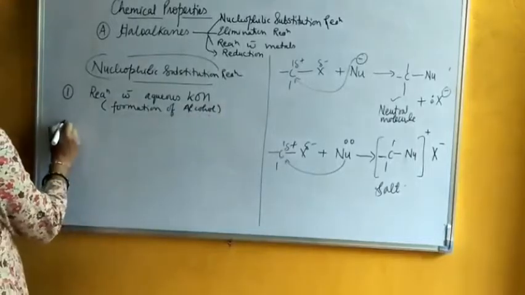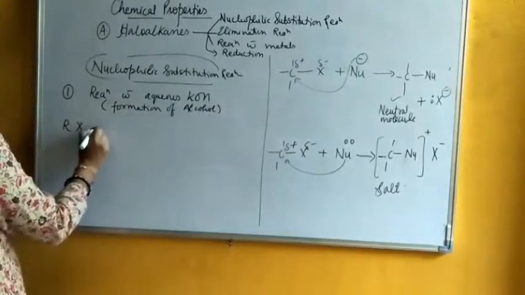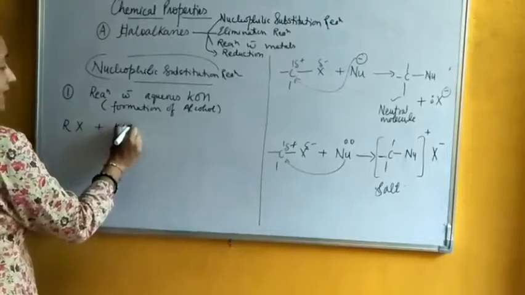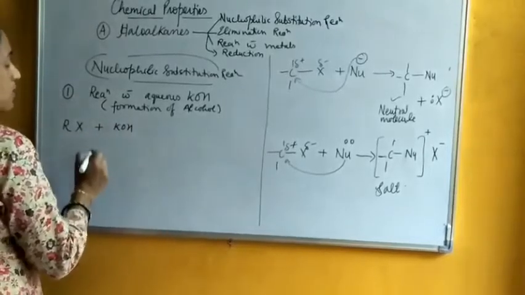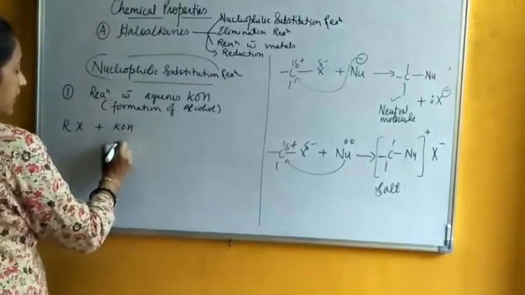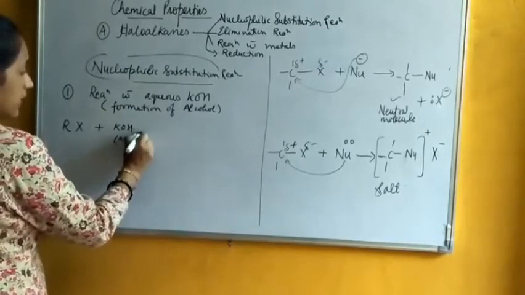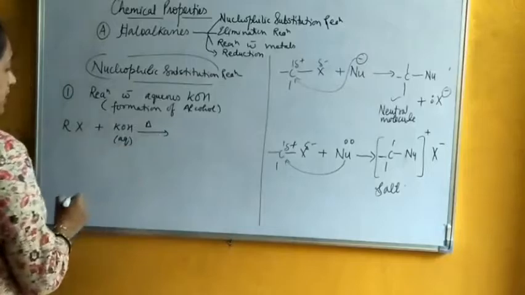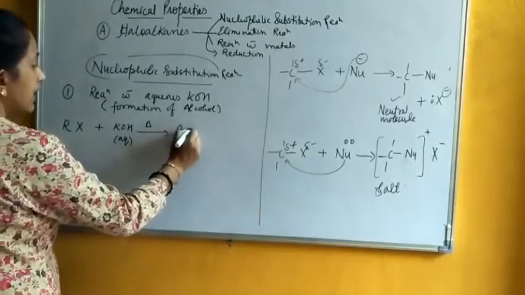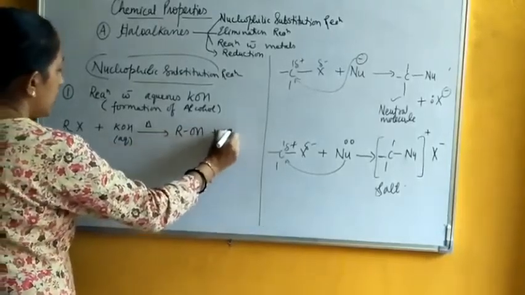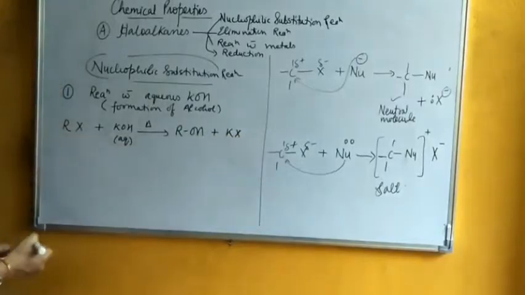So whenever haloalkane reacts with either KOH or moist silver oxide. Here I have taken aqueous KOH which is being heated. We will get ROH, an alcohol, and KX will be formed.